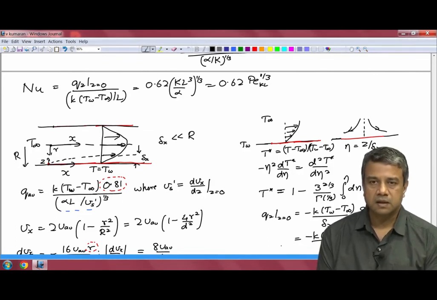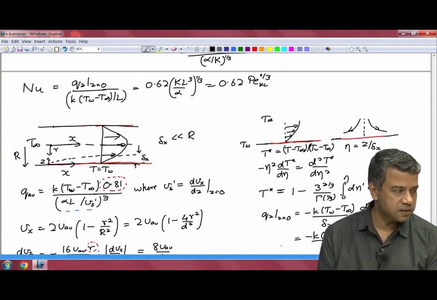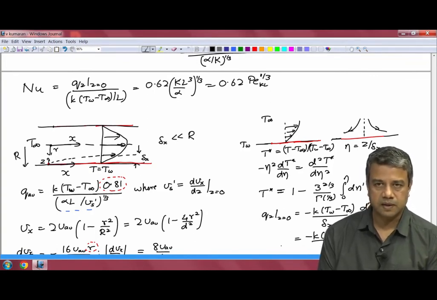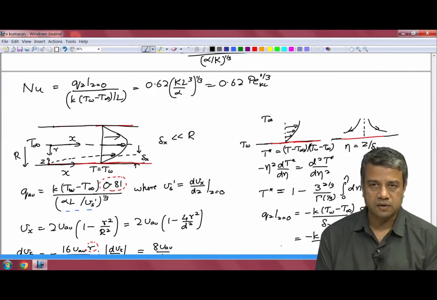The regions where there is a disturbance in the temperature field due to the heating on all sides will merge when the boundary layer thickness is comparable to the radius of the pipe, and the analysis is no longer valid.